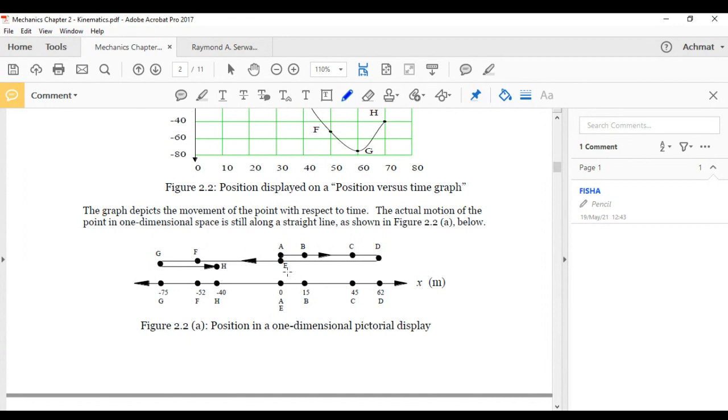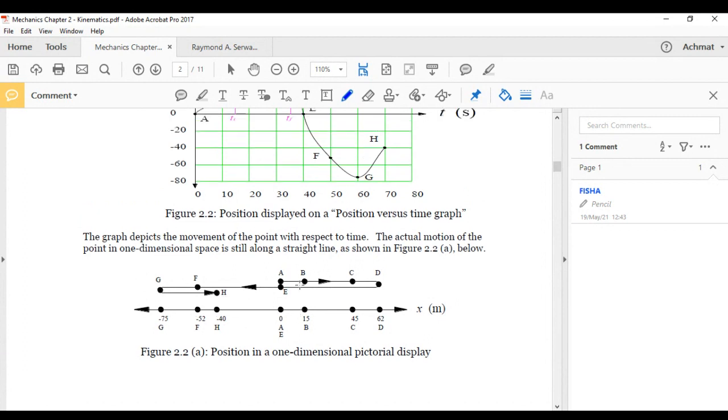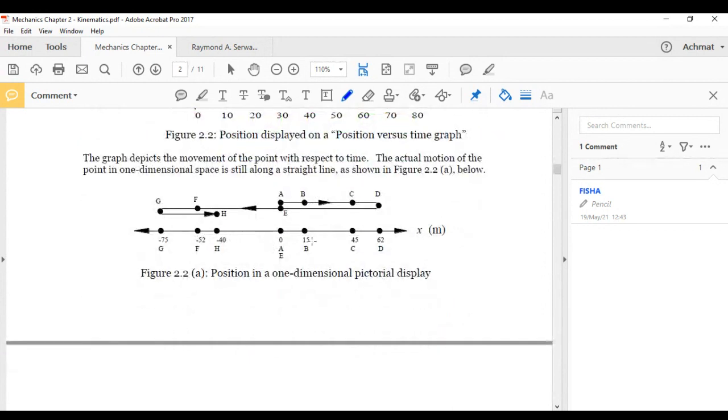You see the arrow, look at the arrow, back to E. And then we continue to F, and then to G, and then we turn back to get to H. Right, so all these positions that you have here are all on one straight line. Again, one dimensional motion. Okay, so remember that is how we appreciate position, right? Okay, according to this graph, everything happens for one dimensional motion. Everything happens along one straight line.